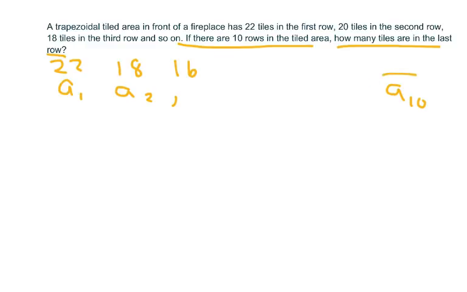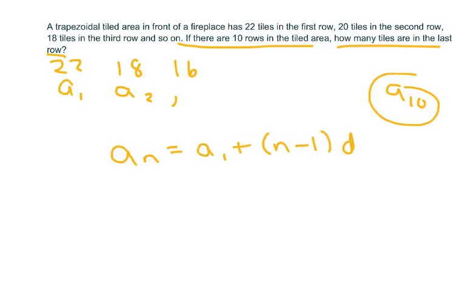So basically I need to find a_10 first. So let's write our formula. My first term is 22. I have 10 rows, so 10 minus 1 is 9. And my common difference is negative 4. No, my common difference is what? Negative 2.